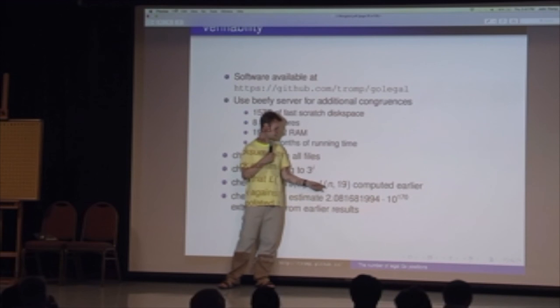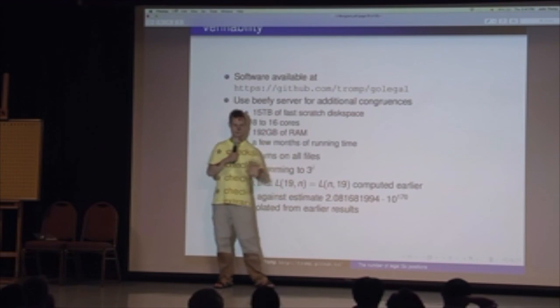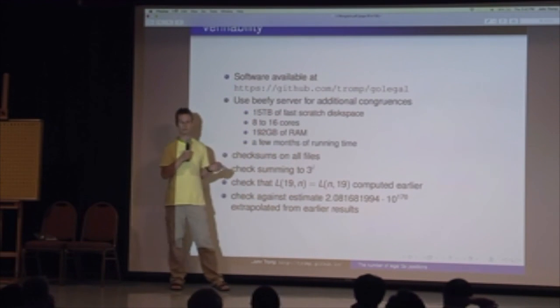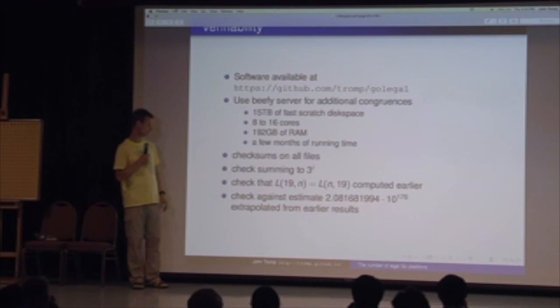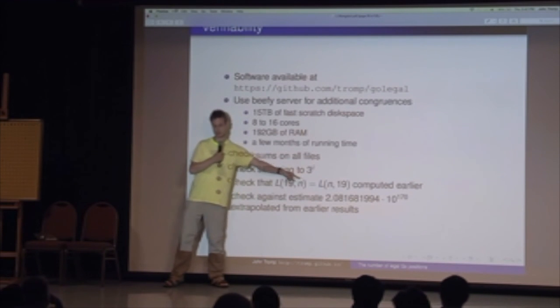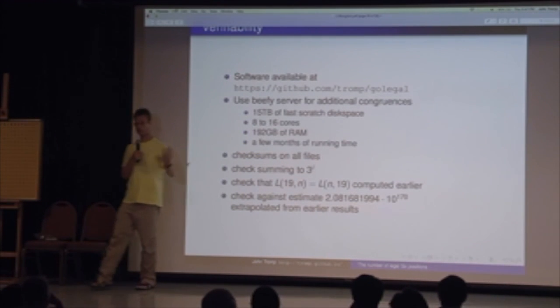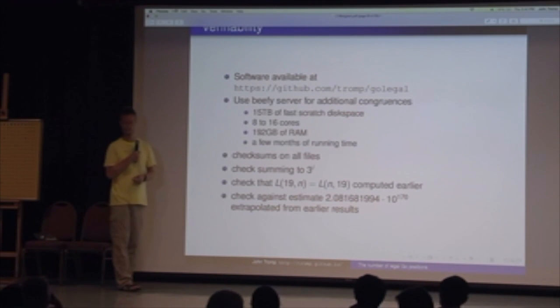I continued to also compute 13 by 19. When you're computing with a width of 13, the data sets are much smaller, so it's much easier to compute the result. But then when you get to 19 by 13, you can check that you get the same result. These are computed in quite different ways, but they have to match exactly, of course.